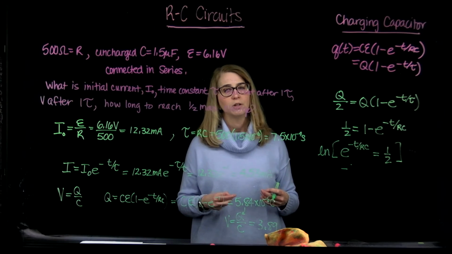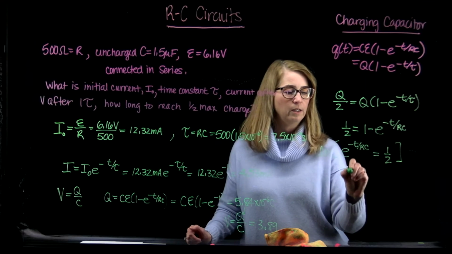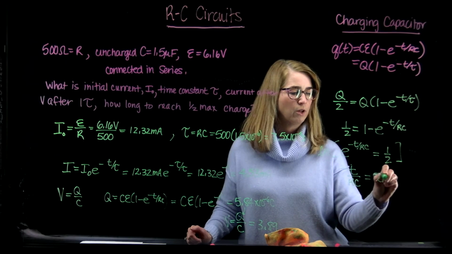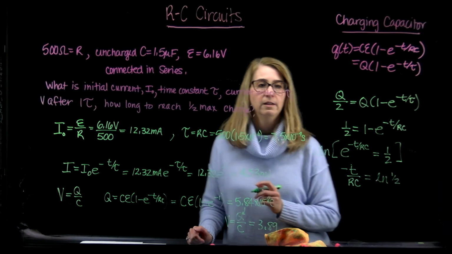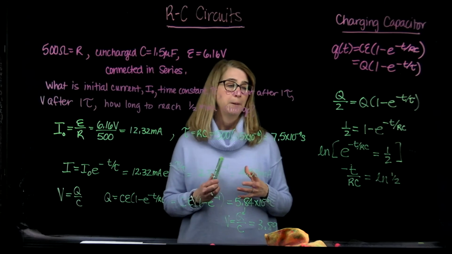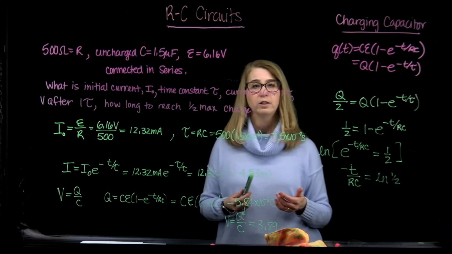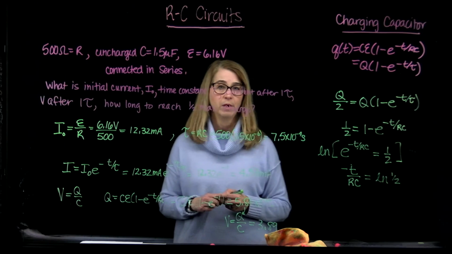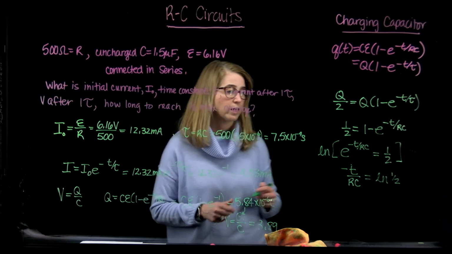When I take the natural log of e, I just simply get the exponent that it has. And here I have the natural log of 1/2. If you remember, it's okay if you don't, that when we take the natural log of a decimal, it's going to be negative, and so you shouldn't let that negative sign bother you because it'll all work out.